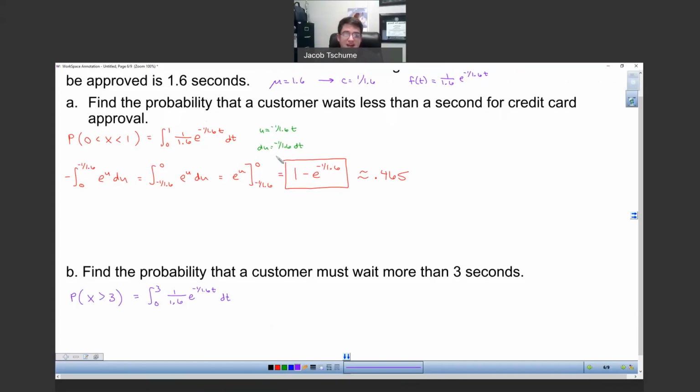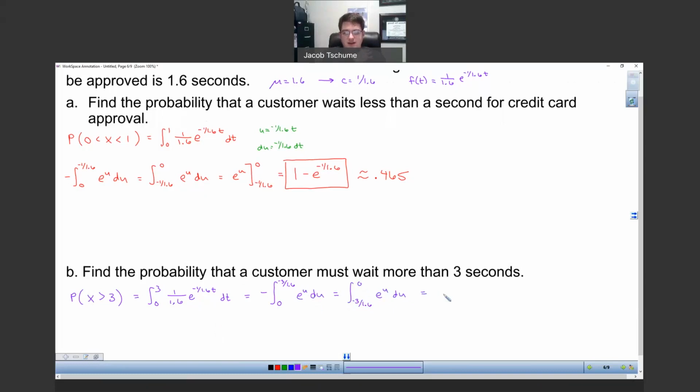The good thing is that it's the exact same u substitution, except you're going to have some different parameters. This would become the negative integral from 0 to negative 3 over 1.6 when I change my parameters, e to the u du. You can flip your parameters again to make this negative 3 over 1.6 to 0 of e to the u du.